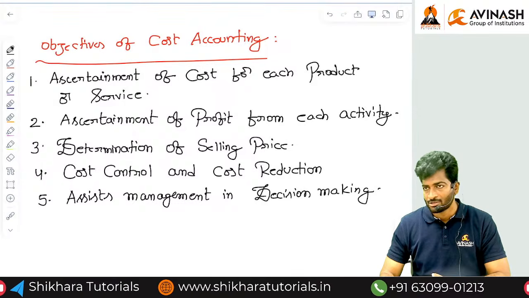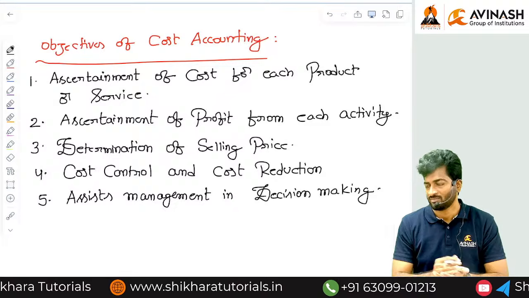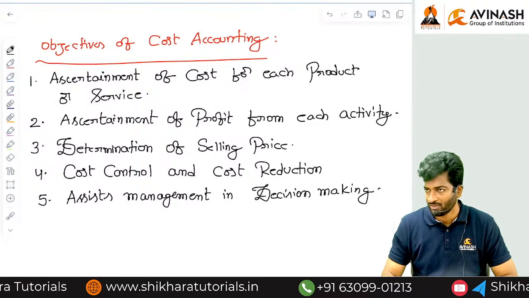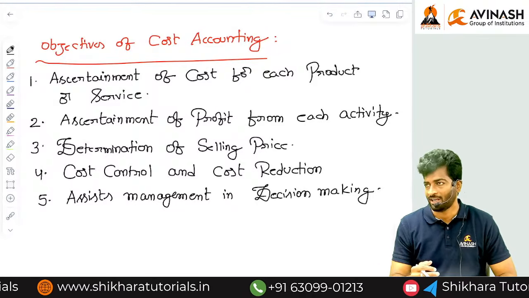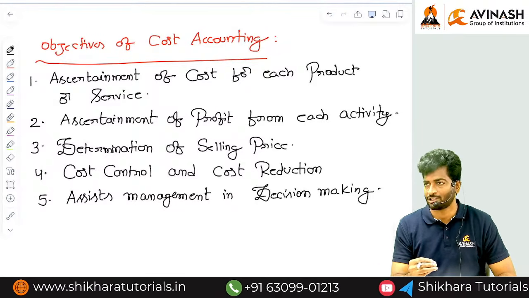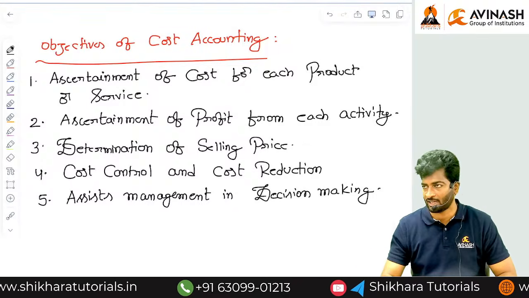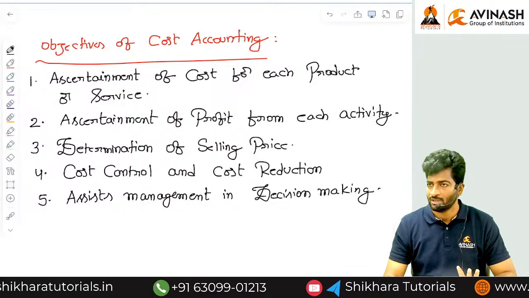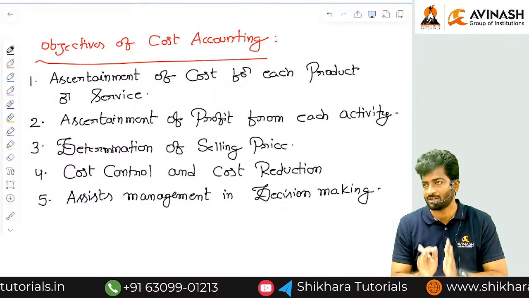So you arrive at that 20 rupees with the help of this cost accounting subject. You make all these calculations, put them before the management, and guide the management, stating that this one has to be accepted, this one has to be rejected, this won't work. Am I correct or not? So that is the main motive of this cost accounting subject.